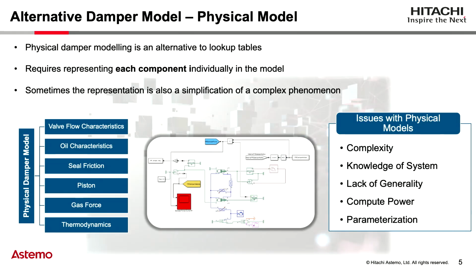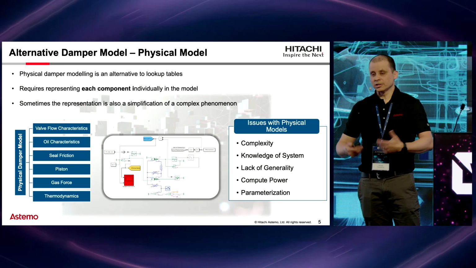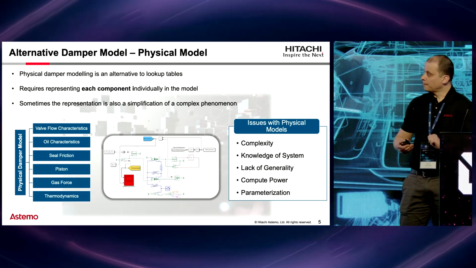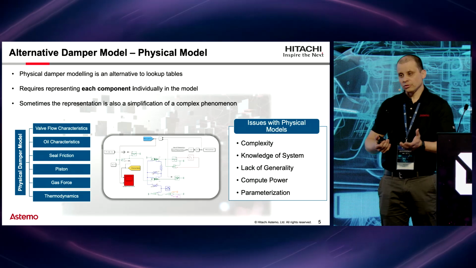So there are some alternative ways that we can improve our damper modeling. One of those is using what we call 1D dampers, where we can include fluid properties and the representativeness of each of the components, but this requires some knowledge of the system.